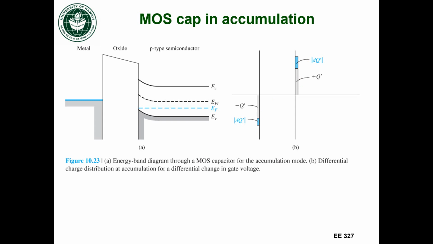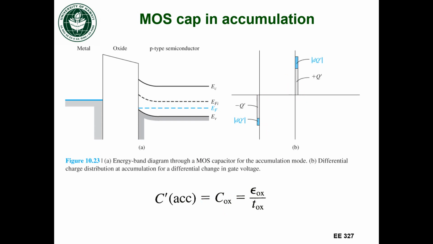Okay, so we can look at this case as just like a parallel plate capacitor and write down the capacitance. This is all capacitance per unit area. So that's C prime. The ACC is for accumulation. And so that's just equal to the capacitance of the oxide, because we have some charge building up here on the metal and some charge building up in the semiconductor.